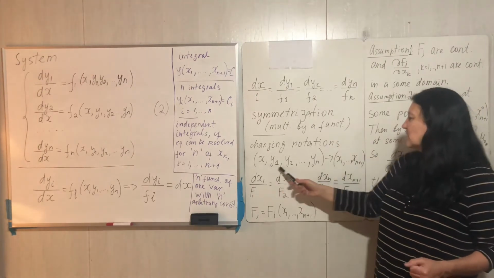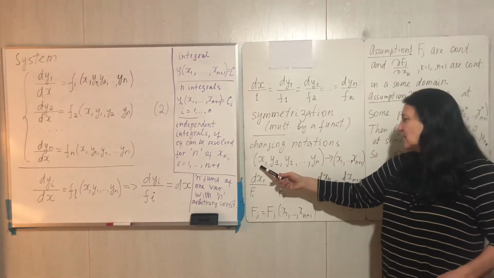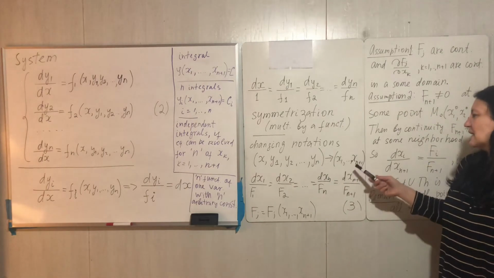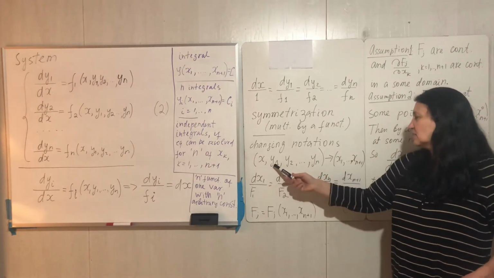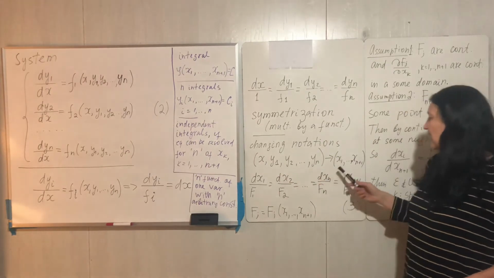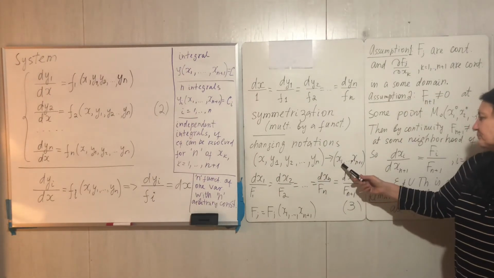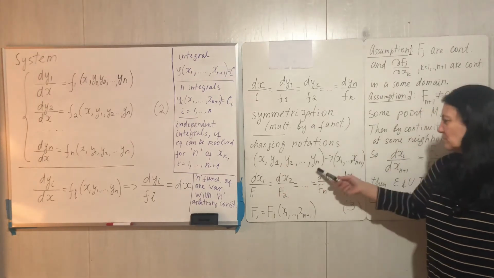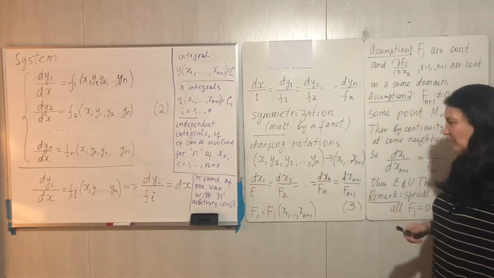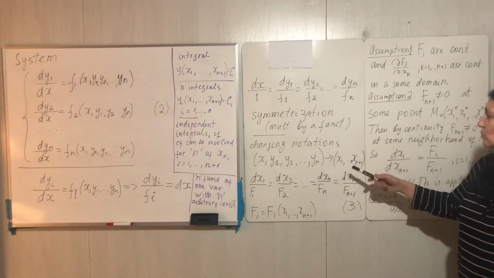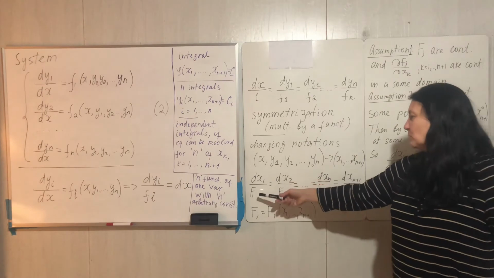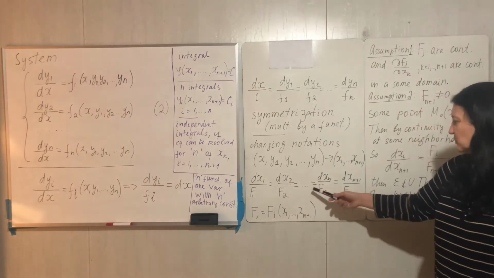So from old notations where we had x and then the rest were y's, now we can call them all x, and then instead of x and n y's, we will have just n plus 1 variables, since we had n plus 1 variables here. And then in new notations, we will have dx1 over f1 equals dx2 over f2, and so on.